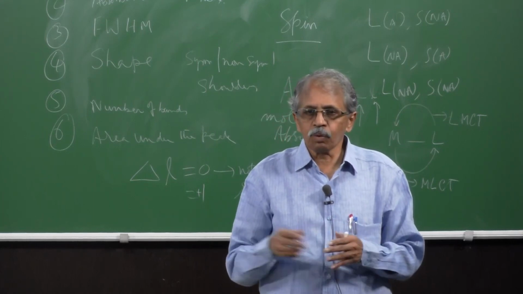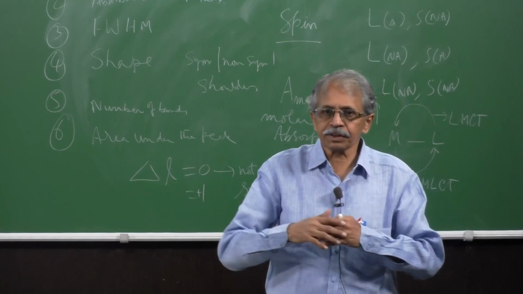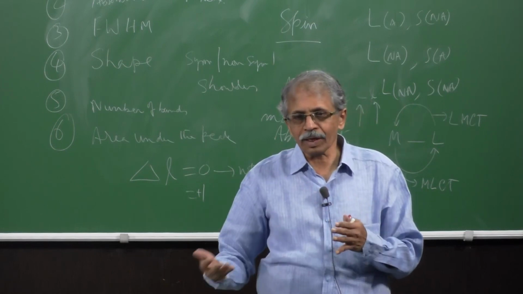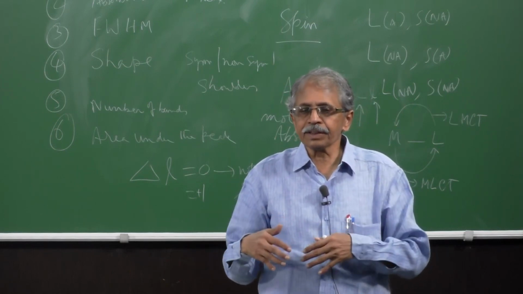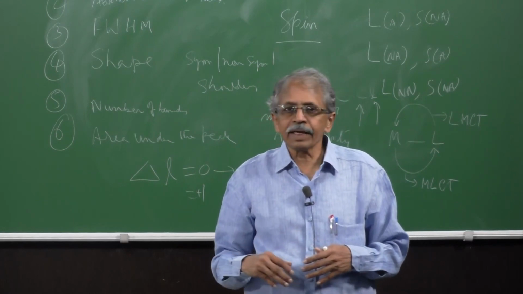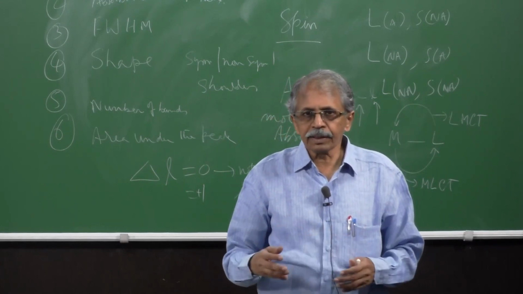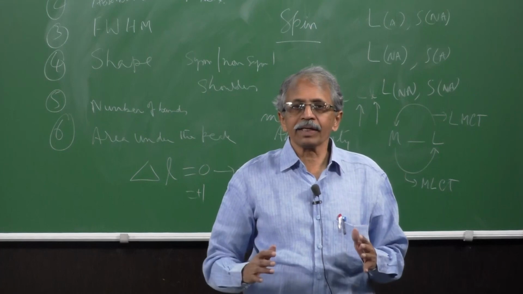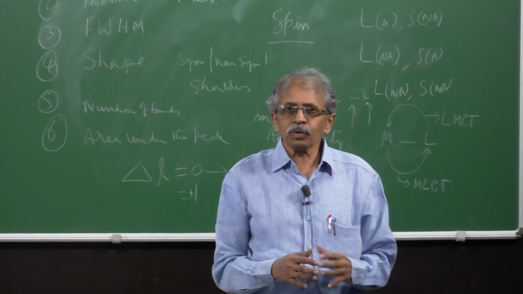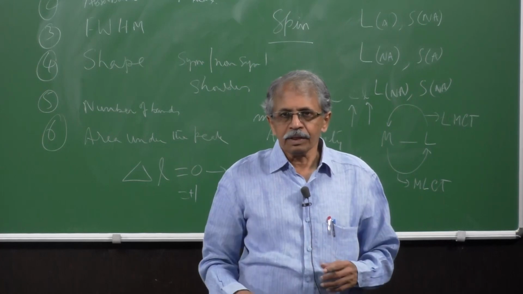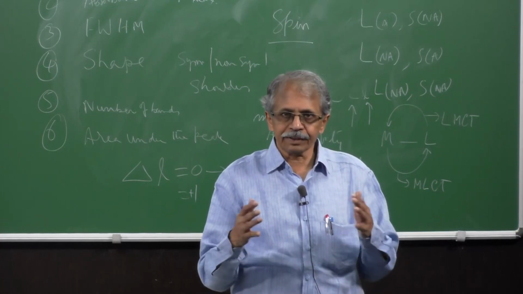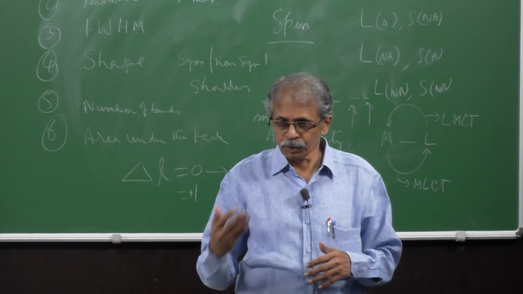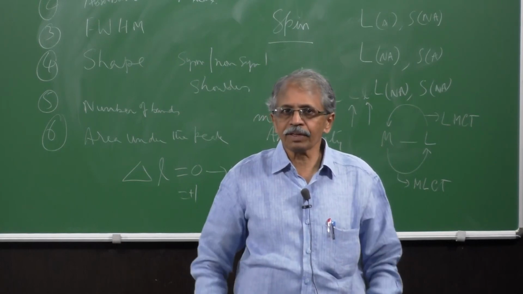Then we have looked at different kinds of transitions, the allowed and forbidden, and how the forbidden ones are also allowed, and their intensities, and then with respect to transition metals, and with respect to charge transfer, ligand to metal, metal to ligand, etc. We still need to continue by looking at examples and analyzing them, and we also need to see how diverse the spectra are. As I said: number of bands, width of the band, symmetry of the band, position of the band, all these. So we should look at examples relevant to all of these.